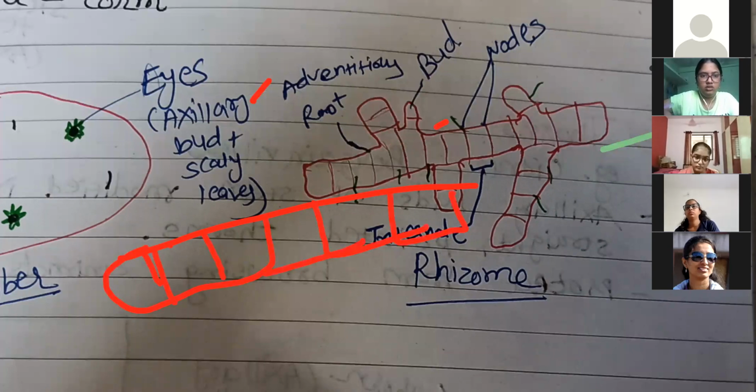On ginger these are clearly visible. Have you seen them? If you haven't, go and look in the kitchen. And then on ginger, if you have observed this type of structure, small bud-like structures are there on ginger, right? These are the nodes.